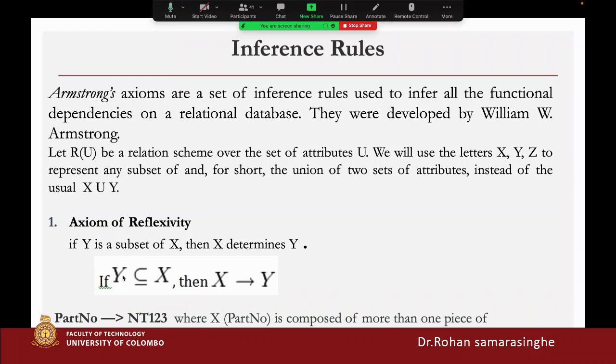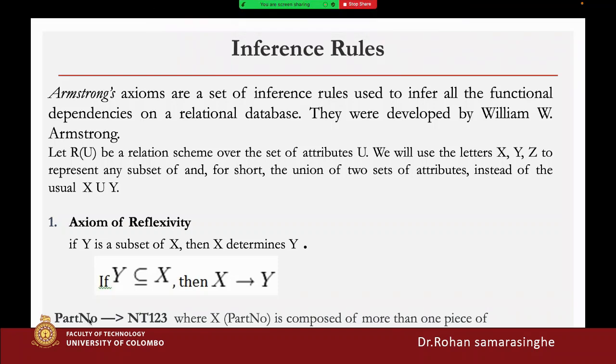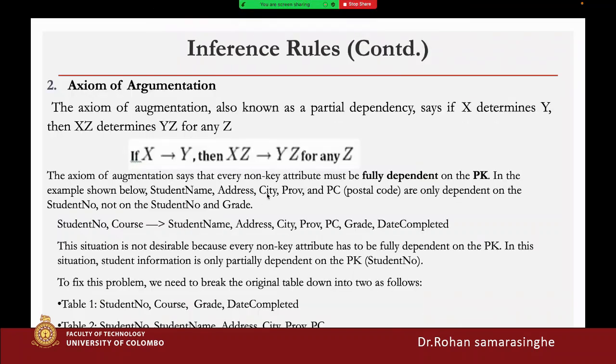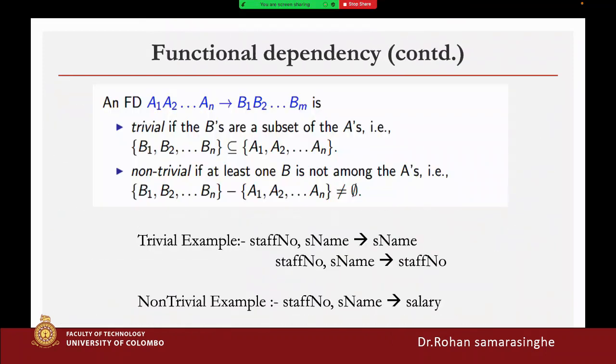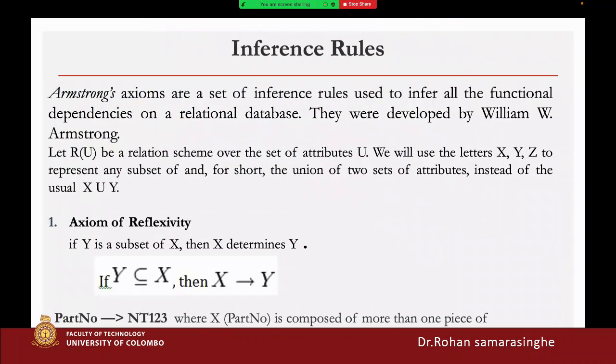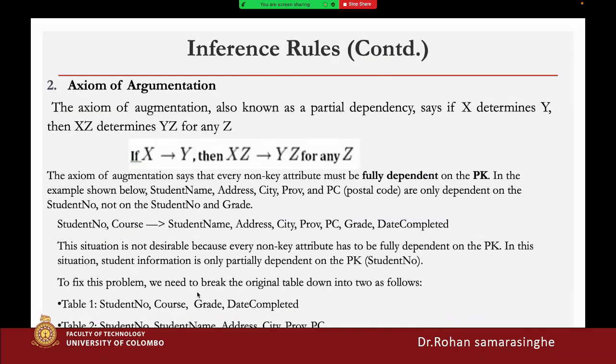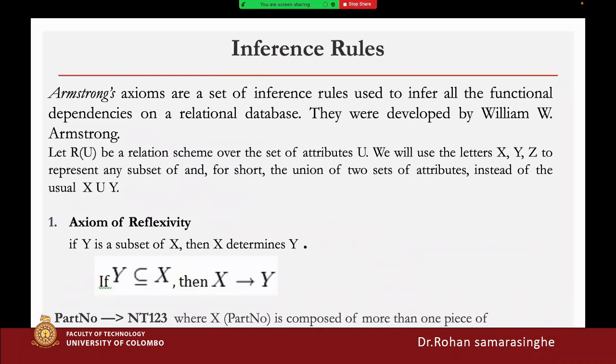For an example, in a spare part relation, from this part number we can determine the NT 1, 2, 3, where the part number is composed of more than one piece of information. That is Y: NT and part ID.